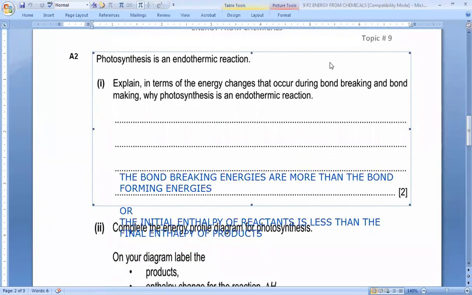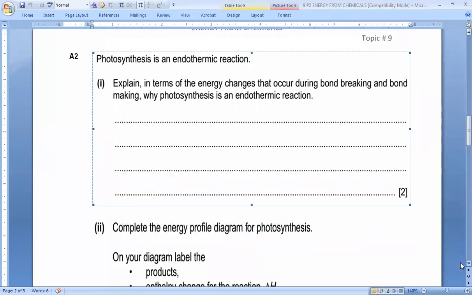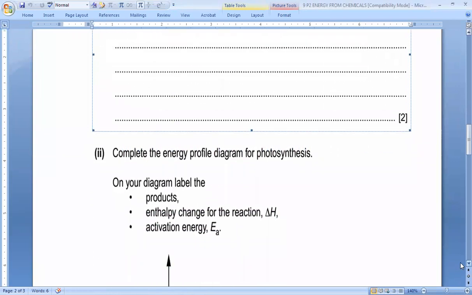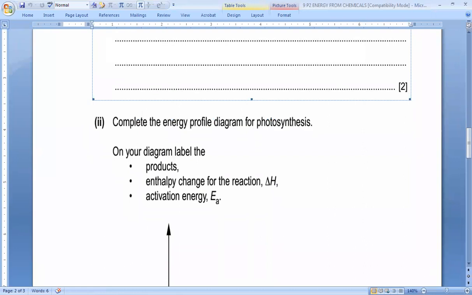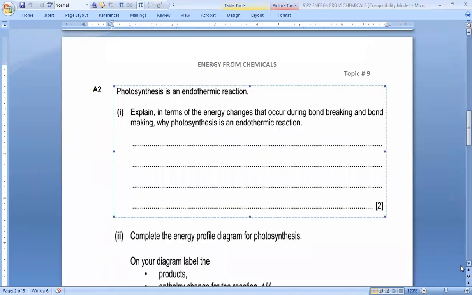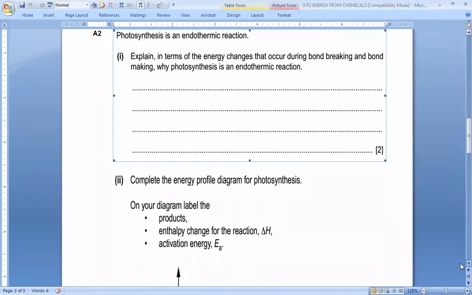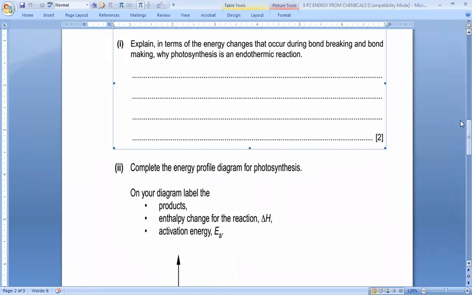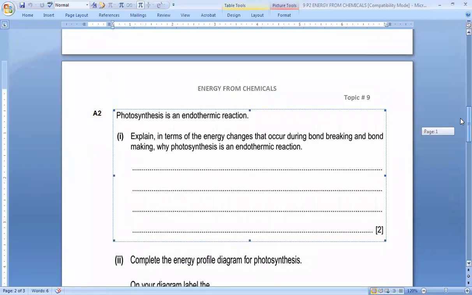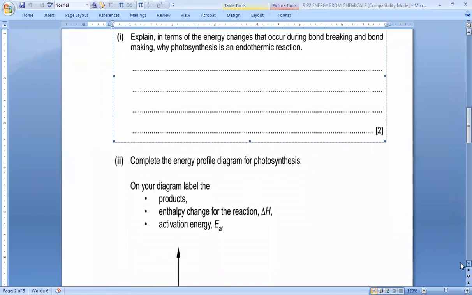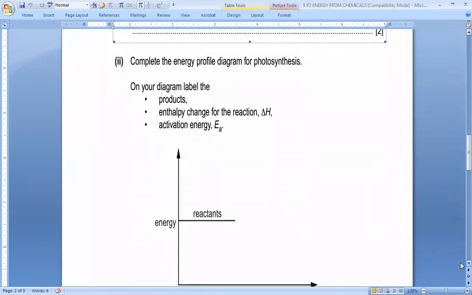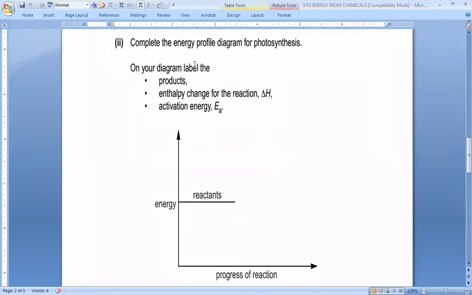Complete the energy profile diagram for this photosynthesis reaction. You have to label. Photosynthesis is an endothermic reaction. How can you draw the energy profile diagram?